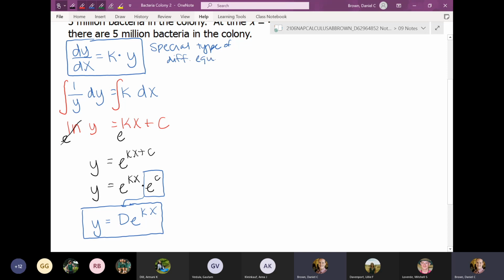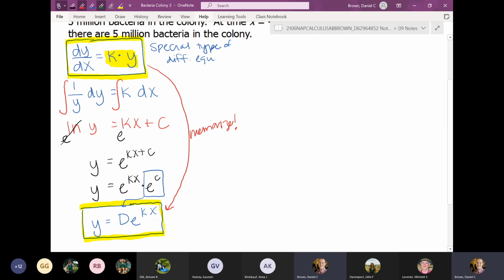And I want you to memorize this shortcut. Whenever you have dy dx is equal to k times y, and it has to be k times y, not k times x, then you can automatically jump to that version of the equation. So this is something that you can memorize.